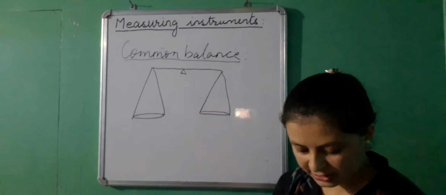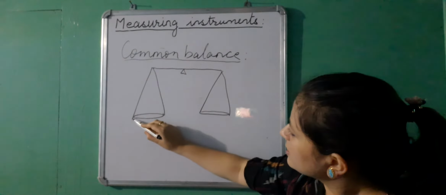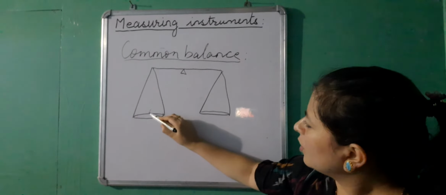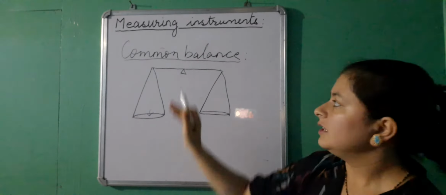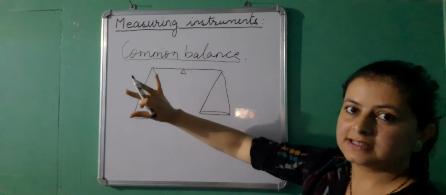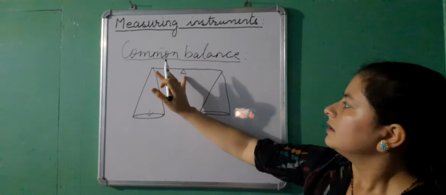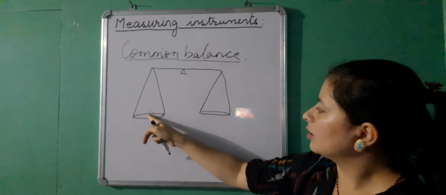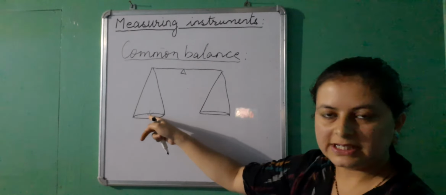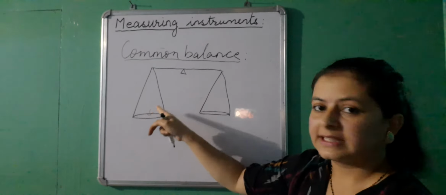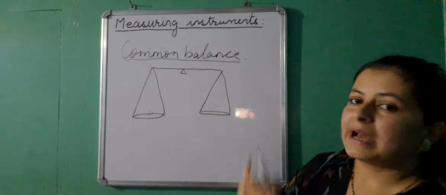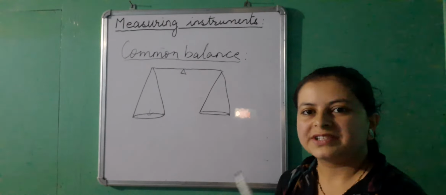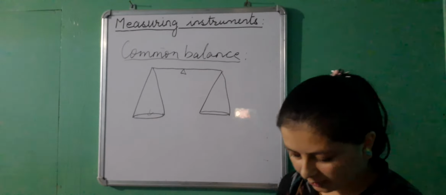Okay, now here least count for this common balance means if you put the smallest value of weight here, if the beam balance gets disbalanced, then that means it can measure accurately up to that value. If you put a smaller value than this one, that means lesser than the least count, then this common balance will not be showing any deflection. Okay, this is how we generally calculate the least count for a common balance.